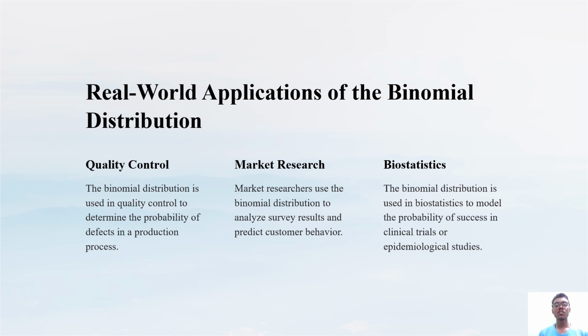Real world applications of the binomial distribution. Quality control. The binomial distribution is used in quality control to determine the probability of defects in a production process. Market research. Market researchers use the binomial distribution to analyze survey results and predict customer behavior.